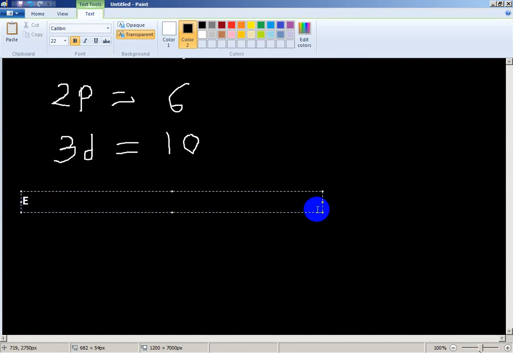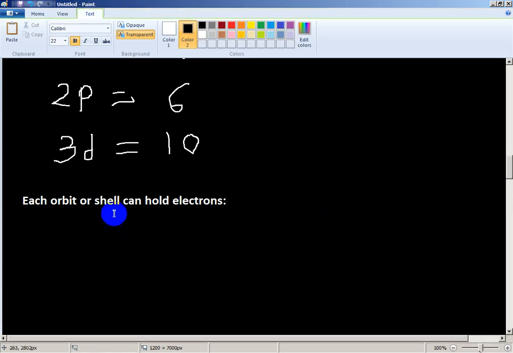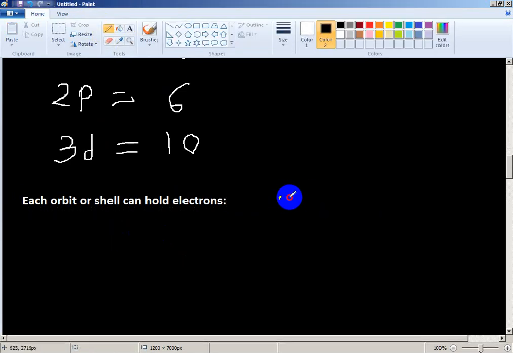Each orbit, or shell, or energy level can hold 2n square electrons. This is the rule, 2n square.